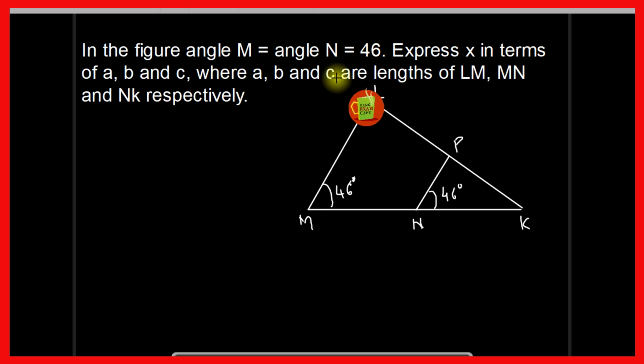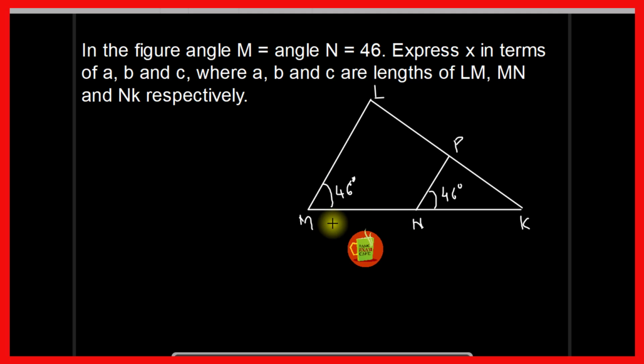In the figure, angle M and angle N are equal to 46 degrees. It is given that this angle M and this angle N are 46 degrees. We have to express x in terms of a, b and c, where a, b and c are the lengths of LM, MN and NK respectively.